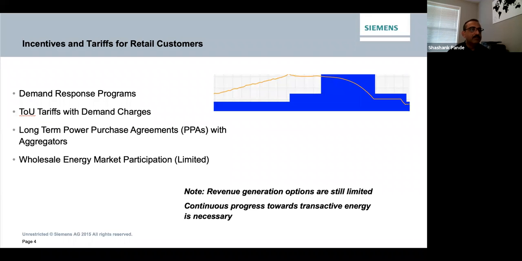You have the long-term power purchase agreements, and in very limited cases, we see that some entities are participating in the wholesale energy market and generating some revenue. But still, these things are limited, and I think that is one of the impediments in growing the share of these renewable distributed resources. Can we go to the next slide?